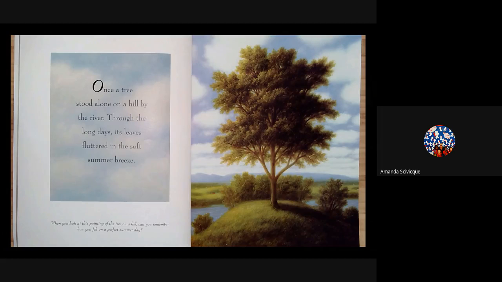Once a tree stood alone on a hill by the river. Through the long days, its leaves fluttered in the soft summer breeze. Pause here to read these words again to yourself and also think about what's happening at the beginning of this story. Just hit play when you're ready to continue.